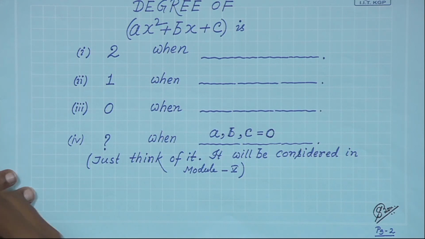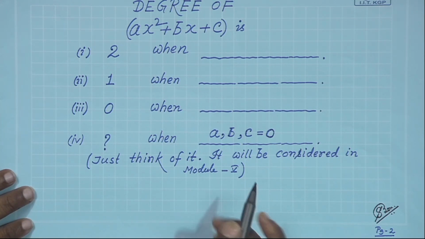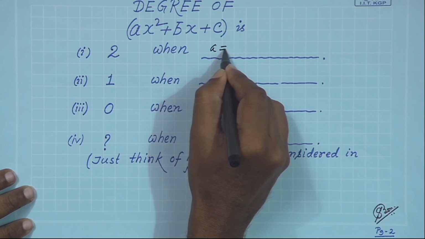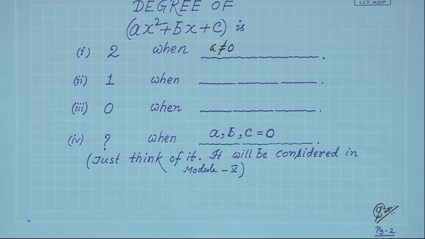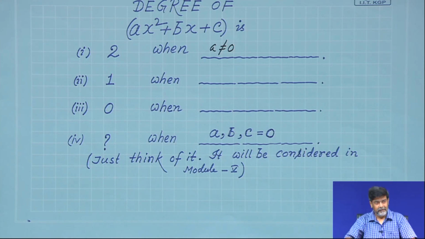For the first case, it will be a not equal to 0. If we make b 0, c 0, then the degree of the polynomial will remain the same, because the maximum of the degrees is present there, which is 2 here.